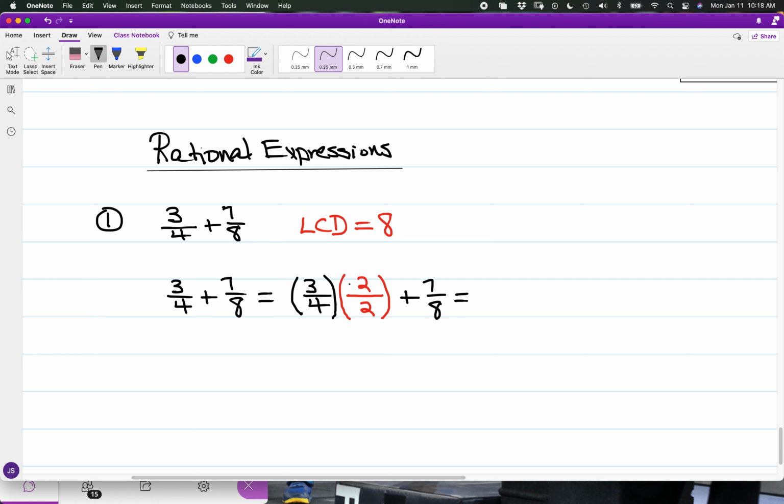So just looking at what we have now, 3 times 2 is 6, 4 times 2 is 8. So I have 6/8 plus 7/8, and combining fractions.